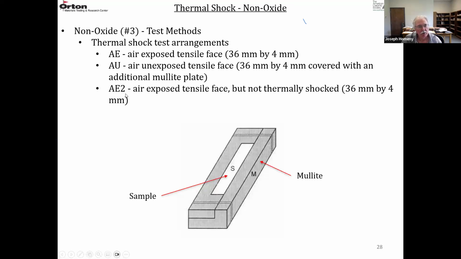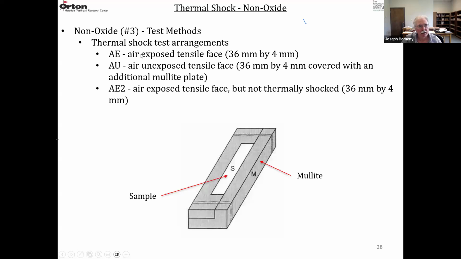Then AE2 also had an air exposed tensile face under this type of condition, but it was not thermally shocked. So when it went into the furnace for whatever time it was held to equilibrate, instead of dropping it in water, it was allowed to cool very slowly. So it wasn't thermally shocked.